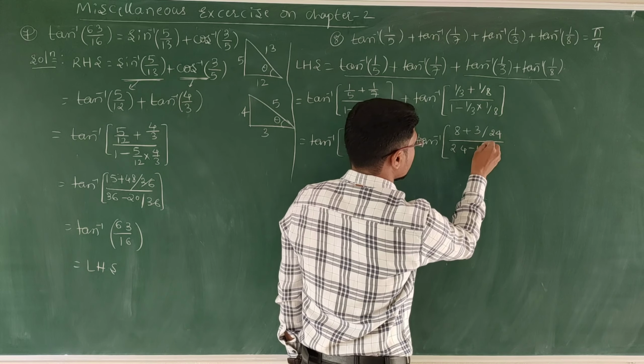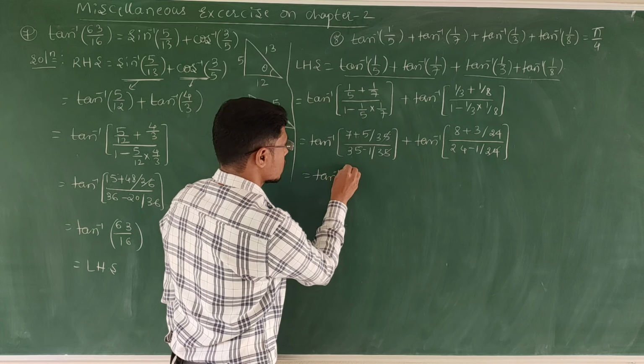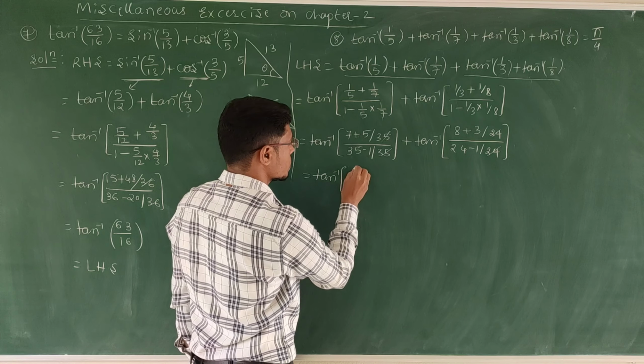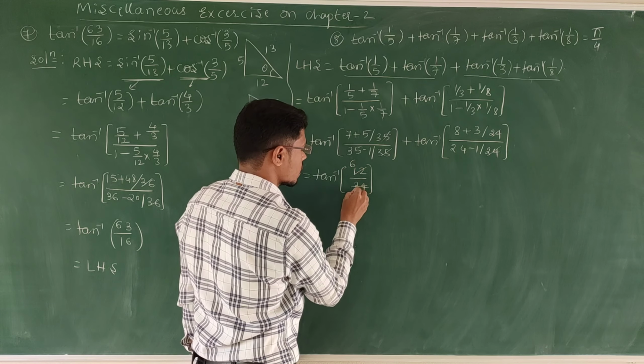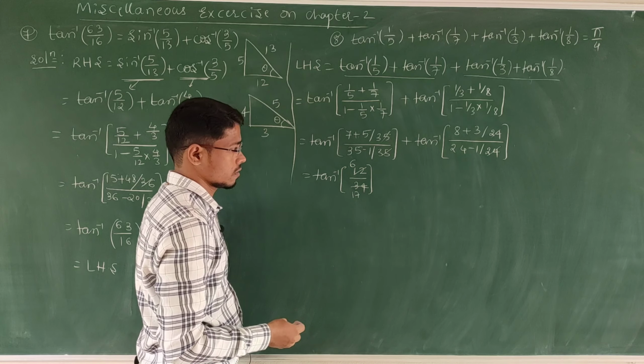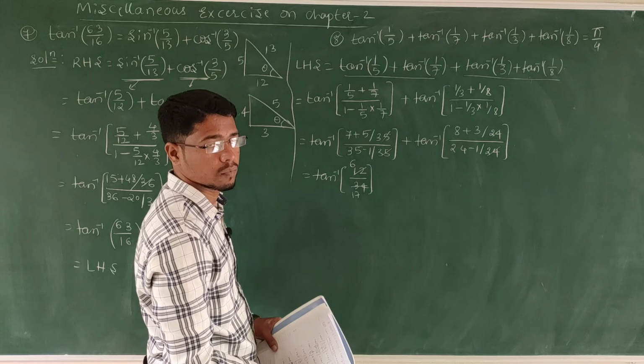Okay, so remaining is tan inverse of 12 divided by 34, which gets cancelled: 2 6s are 12, 2 17s are 34. Okay, tan inverse of 6 by 17, and this is 11 divided by 23.